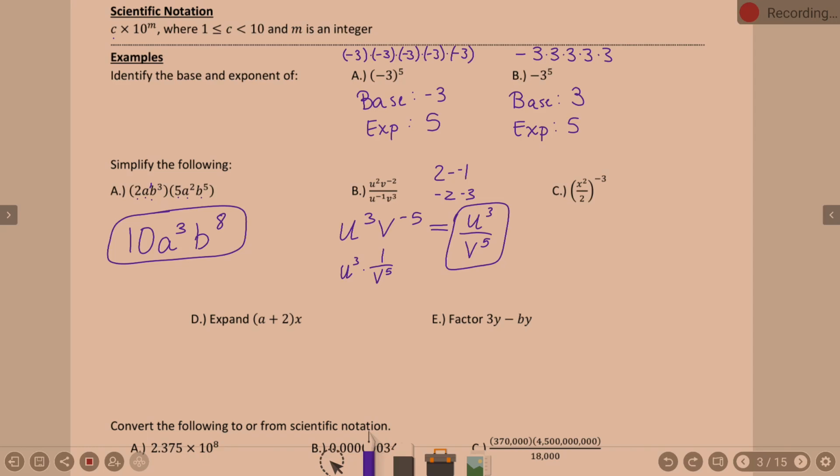Okay. C, x squared over 2 raised to the negative third. Do we know the trick of how to deal with a negative exponent on a fraction?